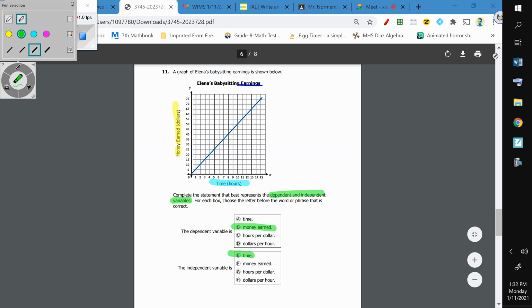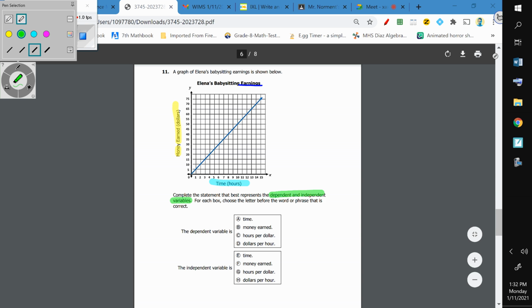Or the money that she makes, I'm so sorry, the number of hours she works is going to be dependent upon the money that she makes. These are really your only two possible answers. One of those sounds better than the other because it's true. The one that's dependent is going to depend upon something. The one that's independent doesn't depend on anything.